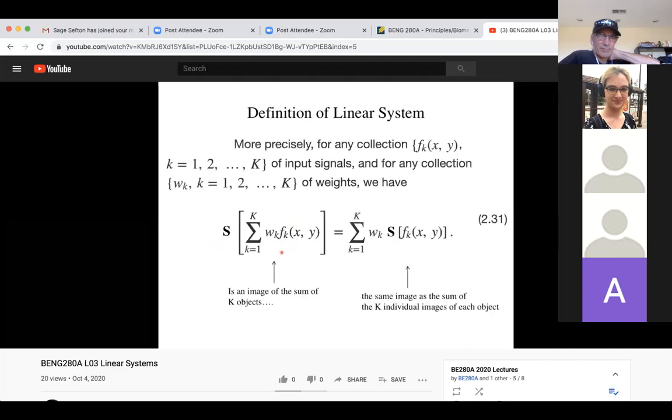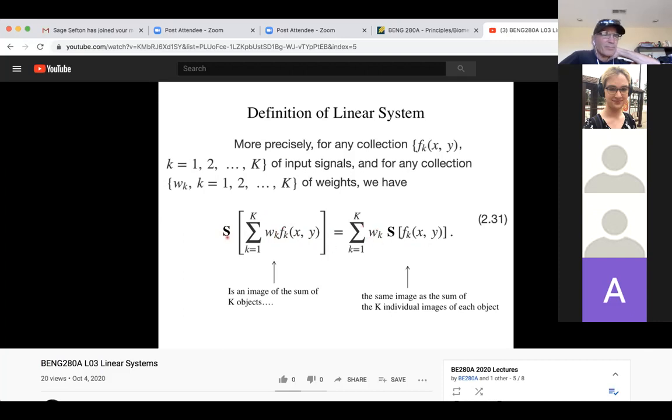There are a few definitions that are really dry, but you just have to know them. If we want to characterize our imaging system S as a linear system, then this property is true: if I have multiple objects and I weight them, say I multiply one of the objects by 2 by making it a thicker layer, and I have the other object as a single layer, so I have some weighting here, I can take the individual output of each true object and multiply by the weights after it goes through the linear system S. You're probably familiar with this from linear equations.